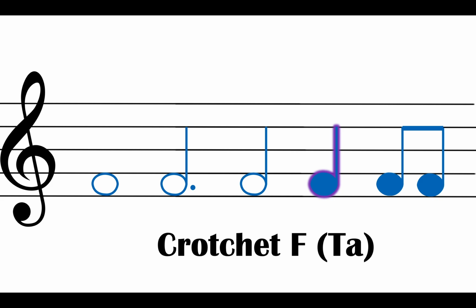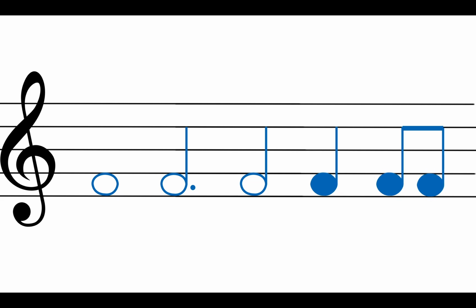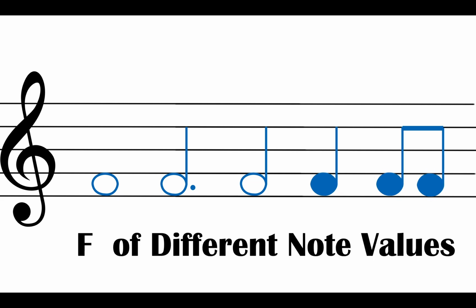And finally, we have a quaver F. So it sounds much quicker, right? The notes are shorter. So there you go. All these are Fs, and they are F of different note values. So the note value doesn't really change the letter name. It just tells us how long to play the note for.